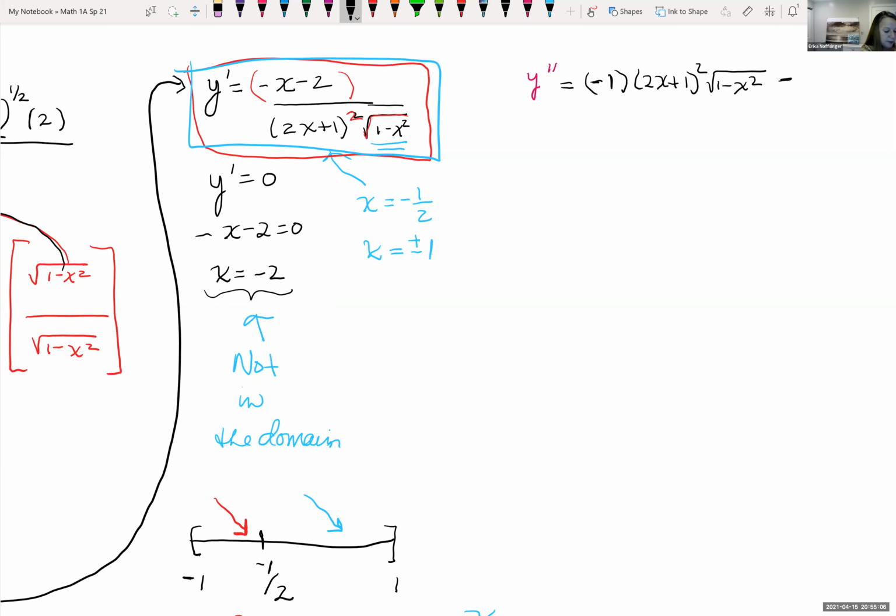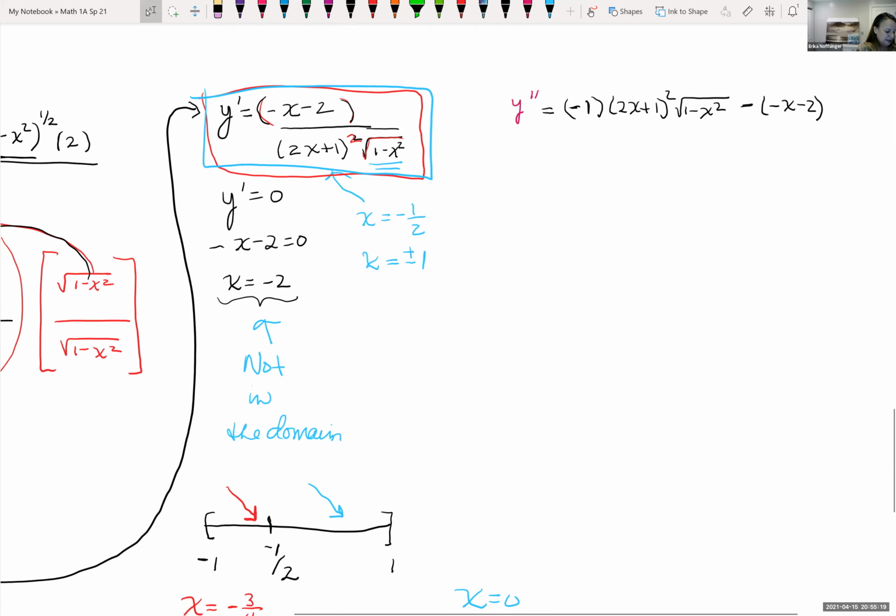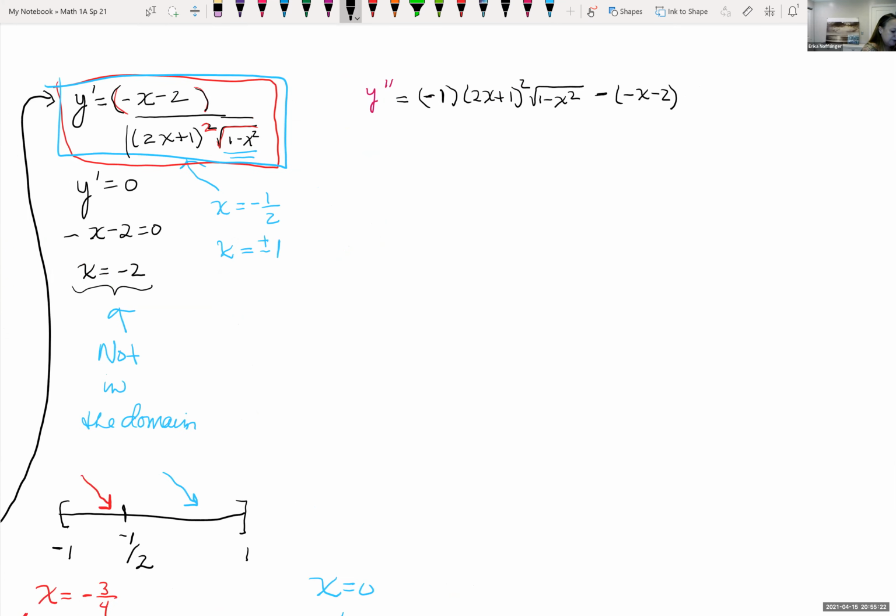Minus my numerator. Notice if I distribute a negative to this numerator, I guess that would, well, let's just keep it. That would make it positive. So -x minus 2 times, this is where I have to take the derivative of the denominator. That derivative of the denominator, I need to use the product rule. And within the product rule, I have to use the chain rule.